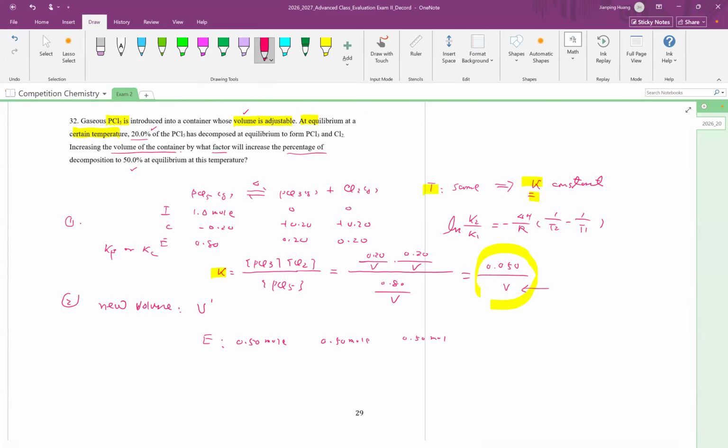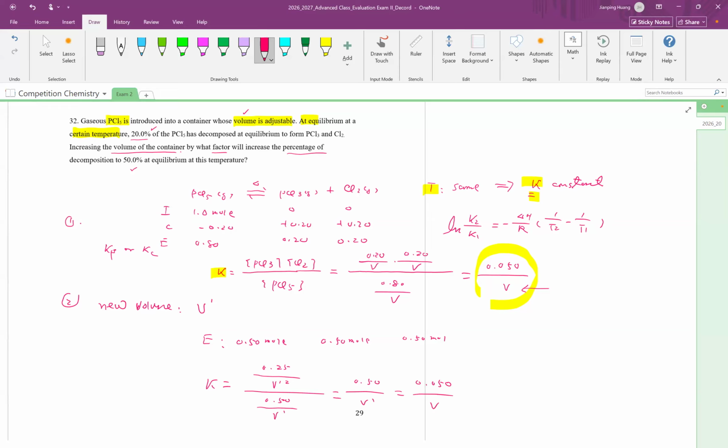Now K doesn't change, but this time K equals what? Can I say 0.25, that's right, divided by V prime squared, divided by 0.50/V prime. So you get 0.50/V prime. K is the same, it's 0.050/V.